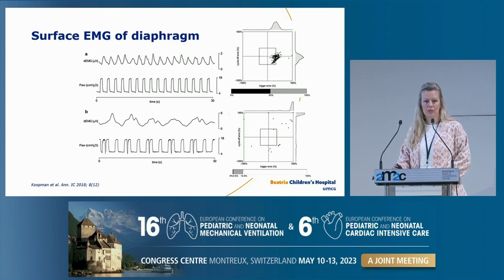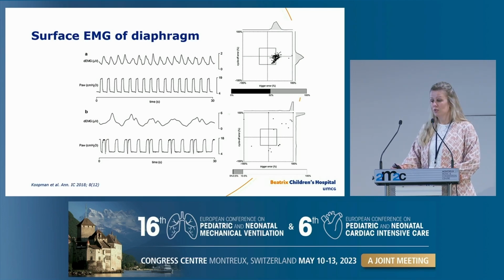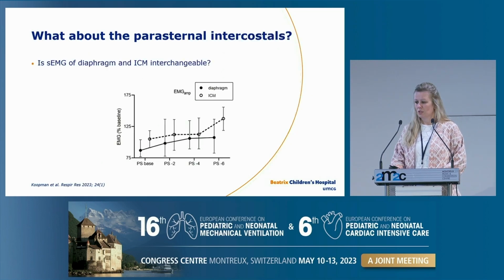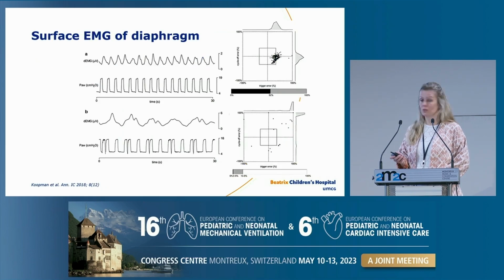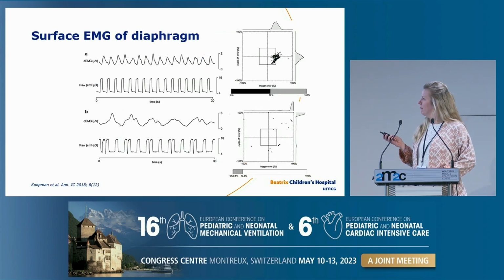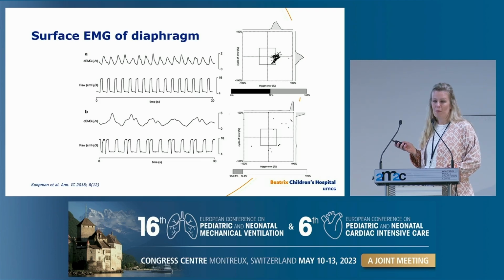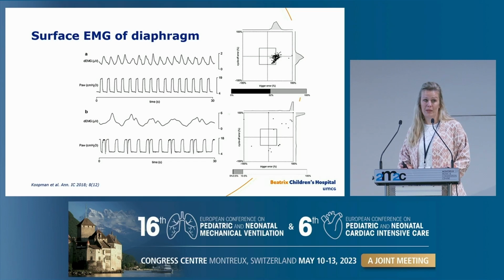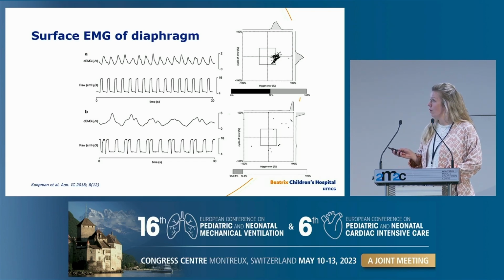So in our previous research, we used the surface EMG of the diaphragm as a surrogate of the neural activation of the respiratory muscles. In the above tracing, we have an example of a good patient-ventilator interaction, where every neural breath is succeeded by the ventilatory pressurization.